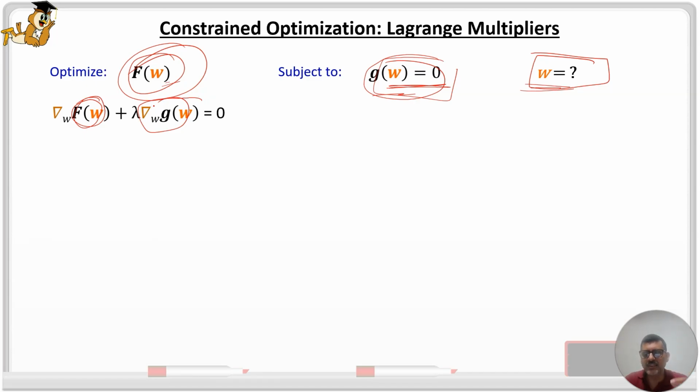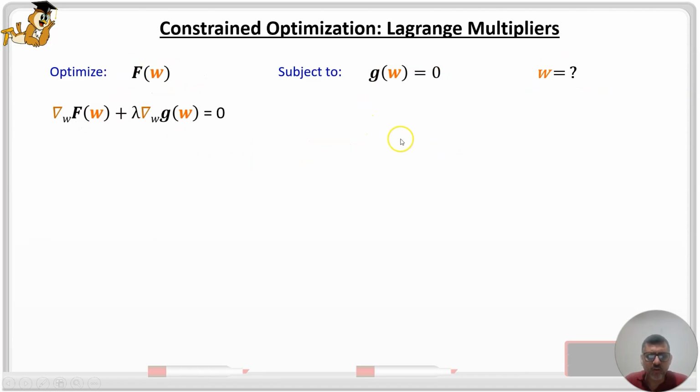You remember in the last lecture I showed you why this is the case, and the constant of proportionality was lambda. In our case we used it as lambda over 2n or whatever, but effectively it's a constant, and this was the Lagrange multiplier. So we have seen this.